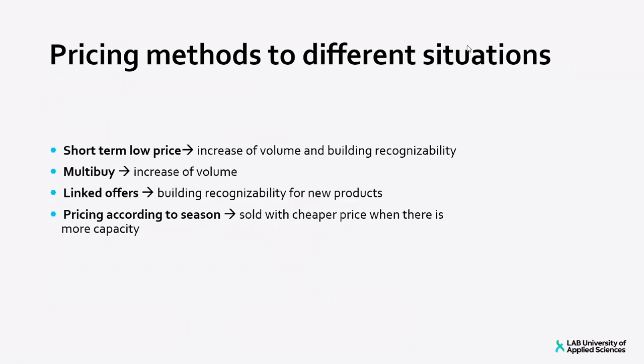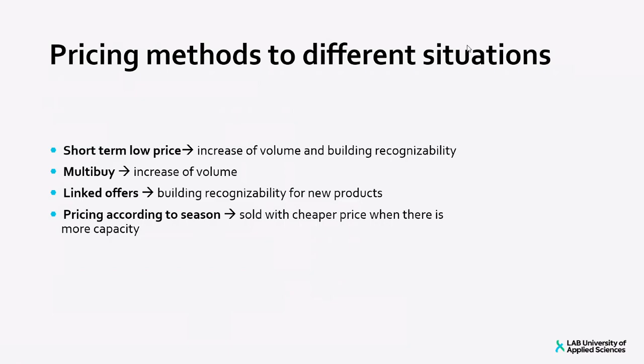Pricing according to season, we slightly already talked about it. For example, with fruit, this is probably something everybody knows, that sometimes, for example, strawberries are much more expensive than in other seasons during the year. Naturally, the price is cheaper during those times when there's more capacity and more availability of the products.